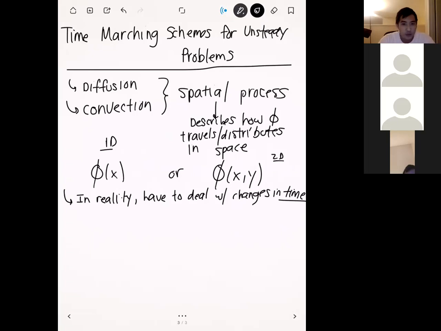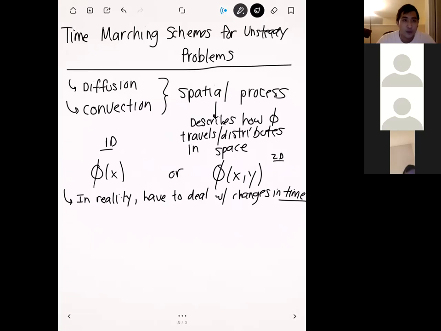Okay. And so some examples of situations that vary with time could be, maybe you're modeling the temperature of a roast chicken that's baking in your oven, right? And so as time goes on and as the chicken sits in the oven, then the temperature of that chicken is going to go up over time, right? And so that's not really a spatial process, but more of a time-dependent process.